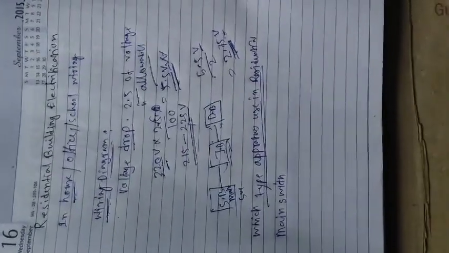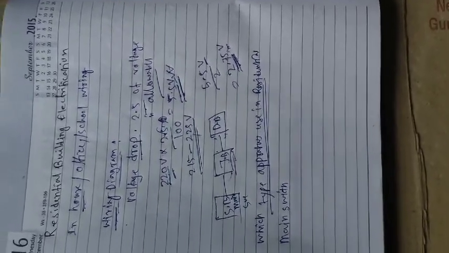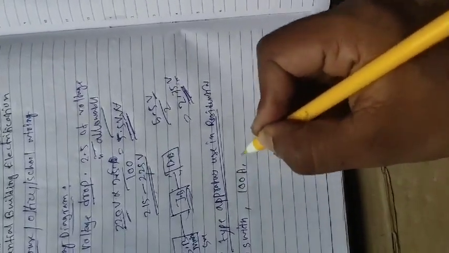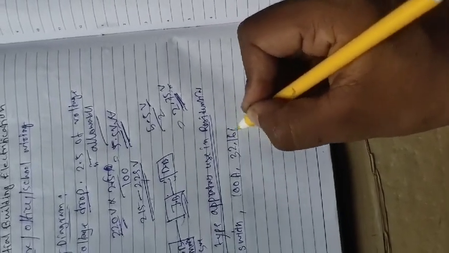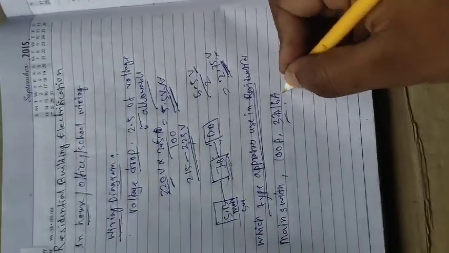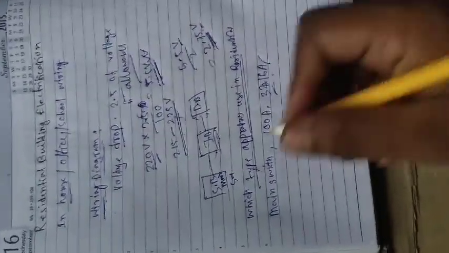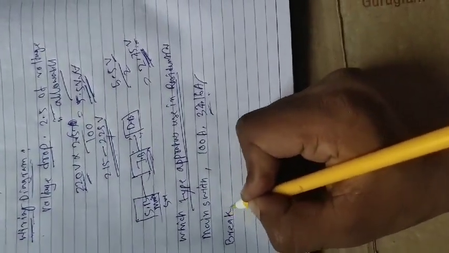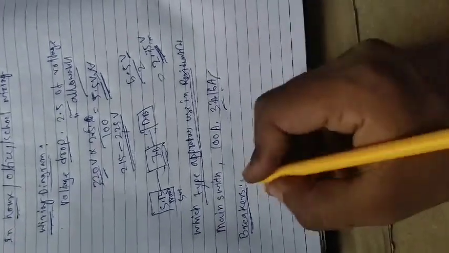The rating of the main switch can be 100 ampere, or 32 ampere, or 16 ampere. This type of ampere rating switch you can use. And then breakers. Which type of breaker do you use?